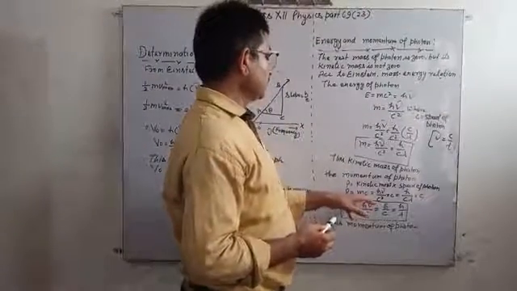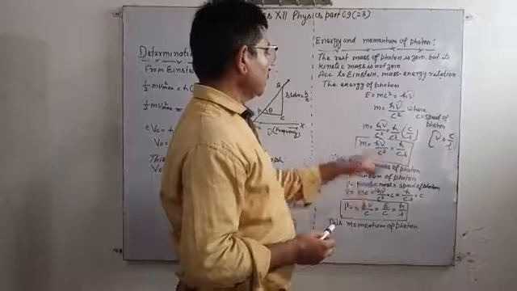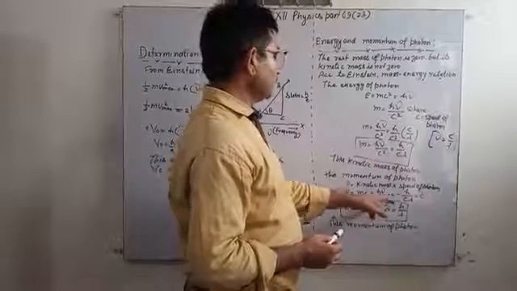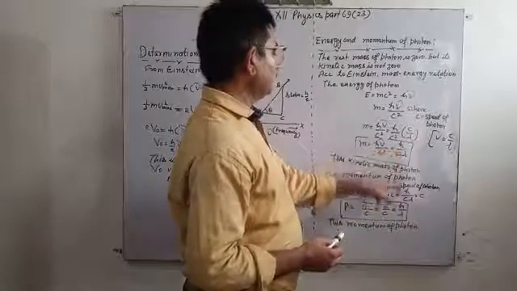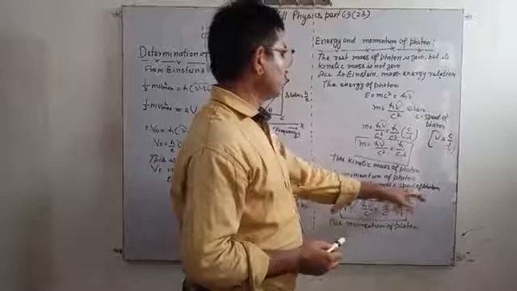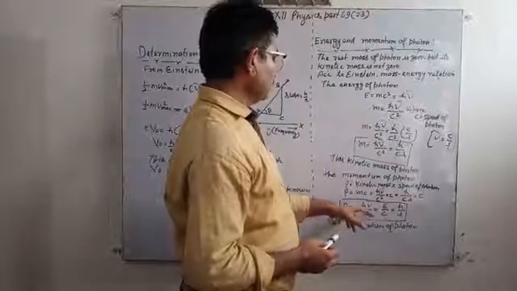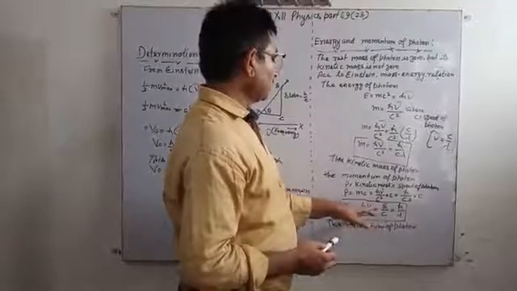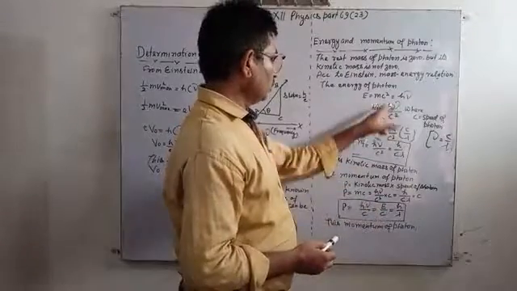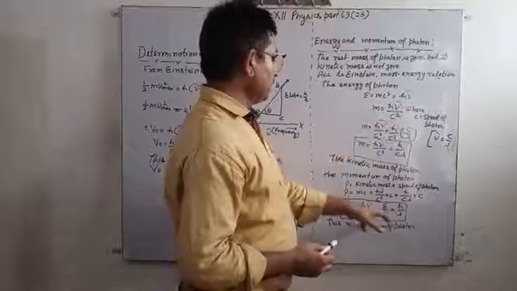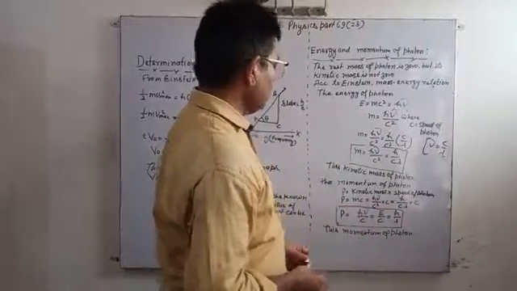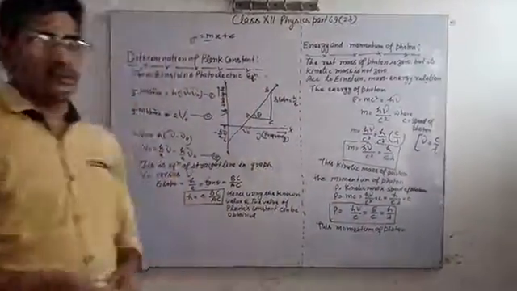In place of m you can put h nu by c square, c cancels, and this also h by c lambda into c, so that you will get momentum p equals h nu by c, or h nu means energy, you know that, E by c or h by lambda. This is the momentum of photon.